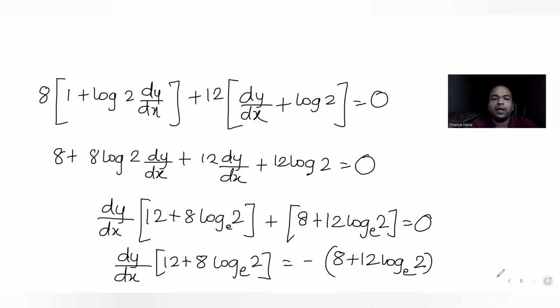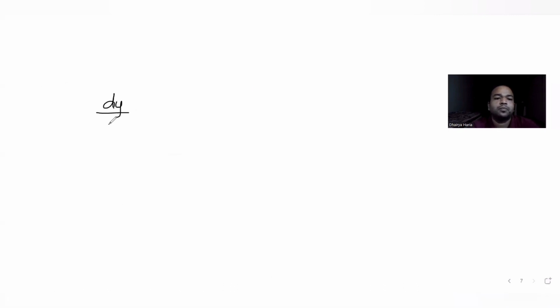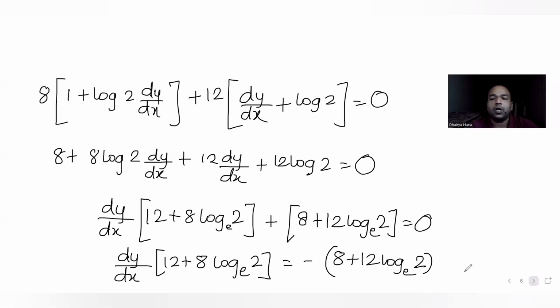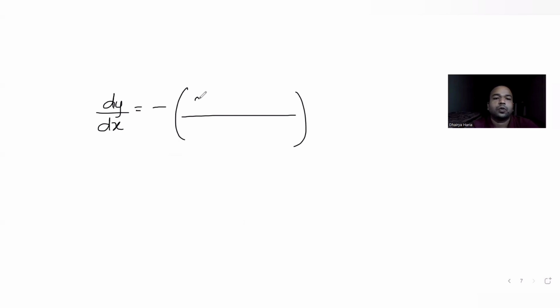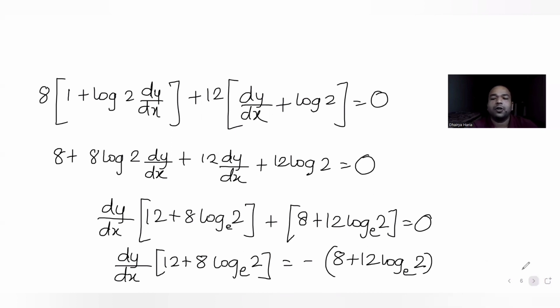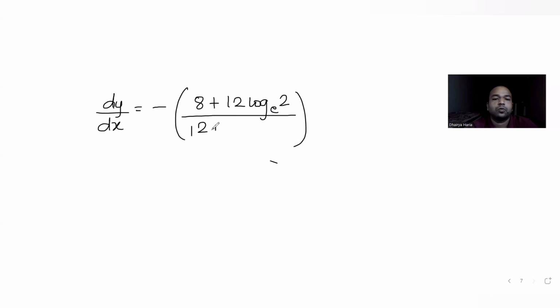So you get dy by dx turning out to become minus, here you have 8 plus 12 log 2 to the base e, upon, in the denominator, 12 plus 8 log 2 to the base e.